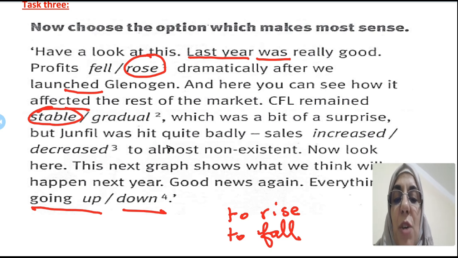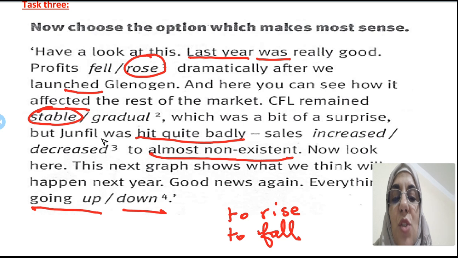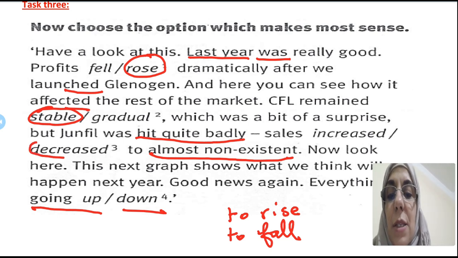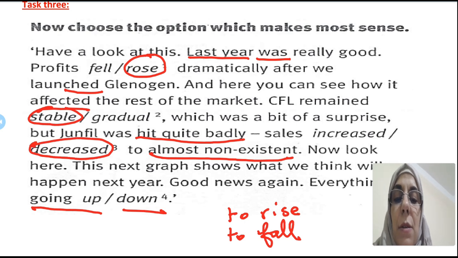Two main expressions may help us figure out the right option: hit quite badly and to almost non-existent. If I say that the situation has changed from a position or a status to almost non-existent, it means sales decreased. This is why we put hit quite badly.